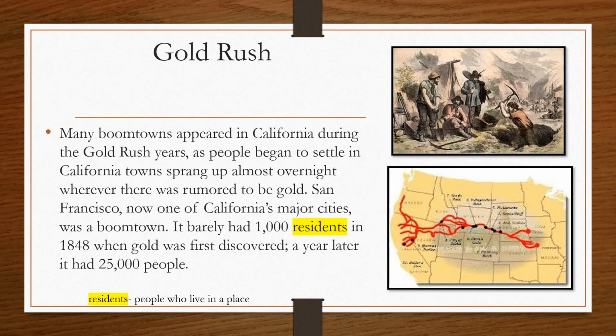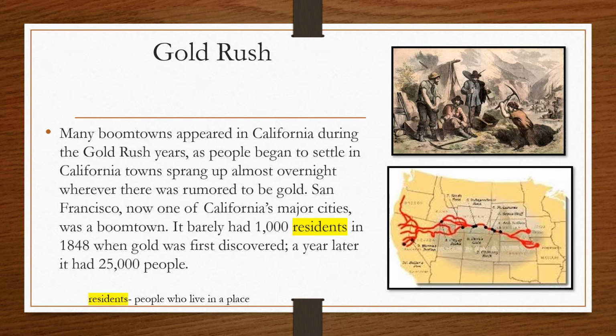So during this time, we had the gold rush, and the gold rush caused many boomtowns. Many boomtowns appeared in California during the gold rush years. As people began to settle in, California towns sprang up almost overnight, wherever there was rumored to be gold.